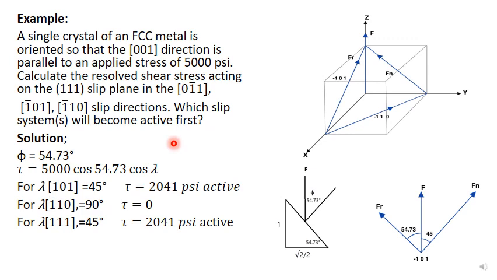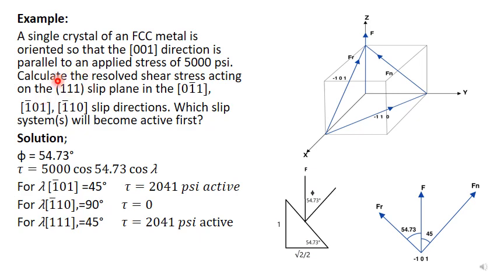Let's take an example to show how Schmidt's law works. The example says: a single crystal of an FCC metal is oriented so that the 001 direction is parallel to the applied stress of 5,000 pounds per square inch.